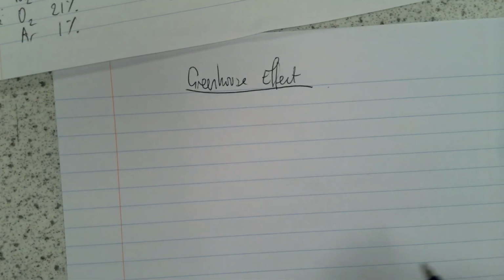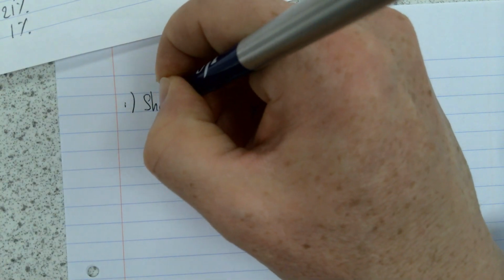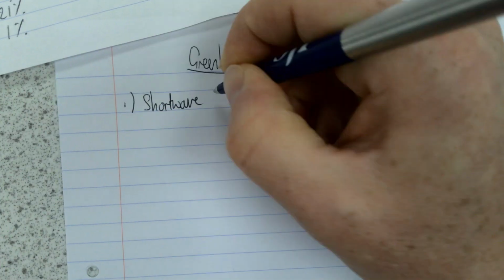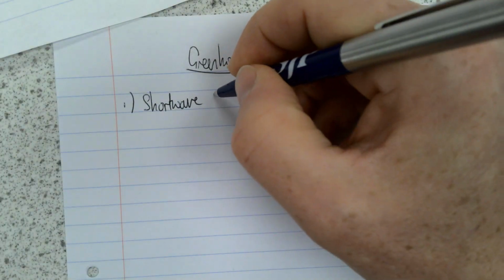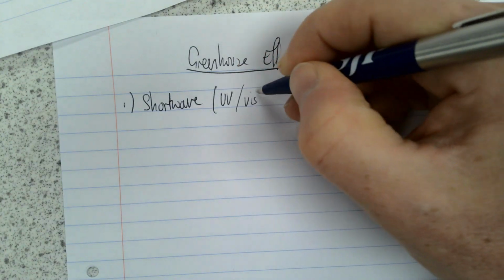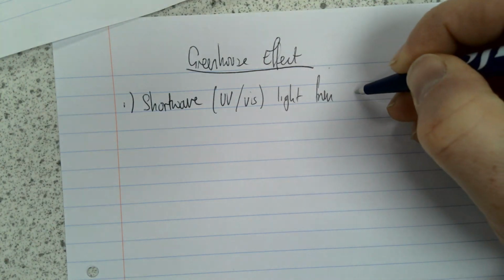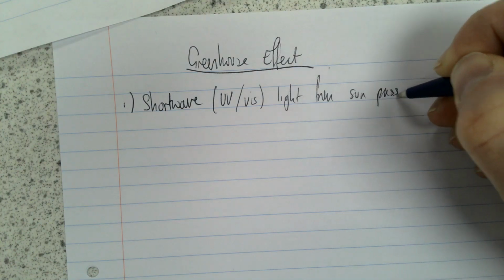So the greenhouse effect then, what do you need to say in your exam? I'm not going to draw the picture for you. So first thing, short wave, or high energy if you like your physics, the short wave, so UV or visible light from the sun, passes through the atmosphere.